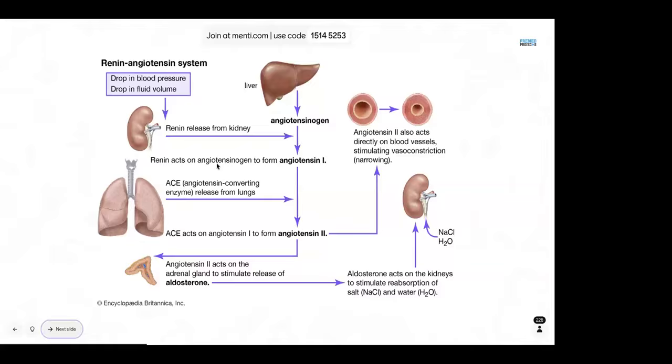You don't need to memorize the ins and outs because it's not going to be relevant to you until you go to medical school and you want to study nephrology. But right now, the takeaway is that the kidneys regulate blood pressure, and they do this by communicating with all these different organs.